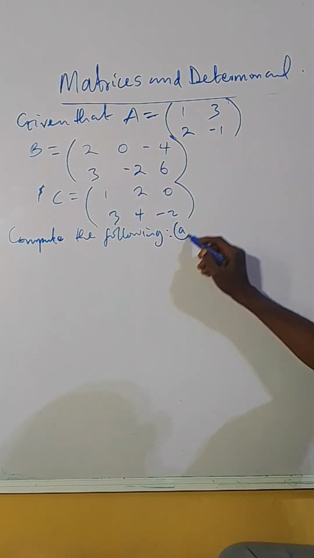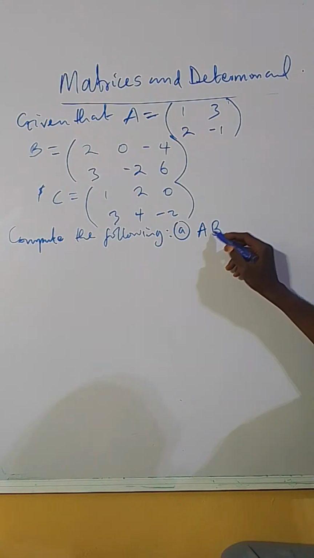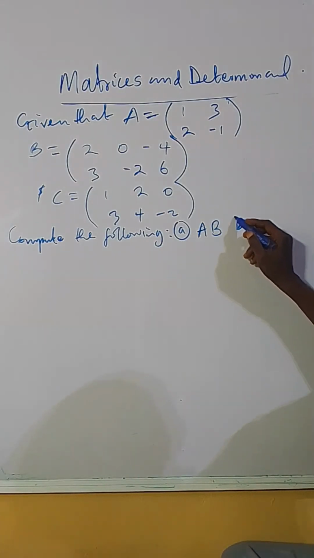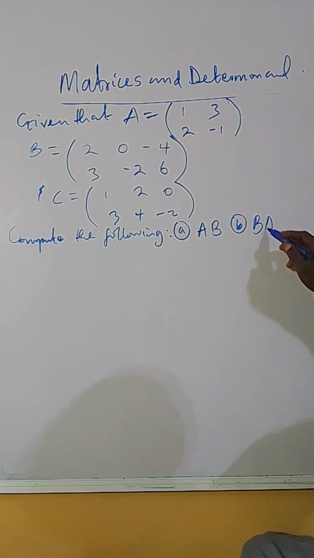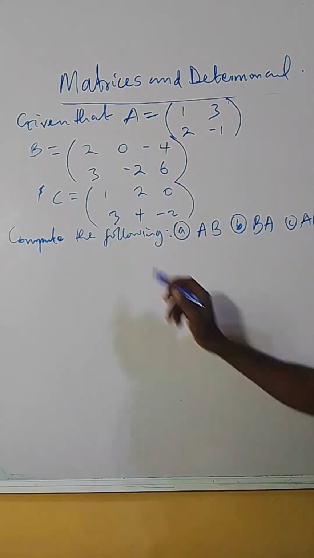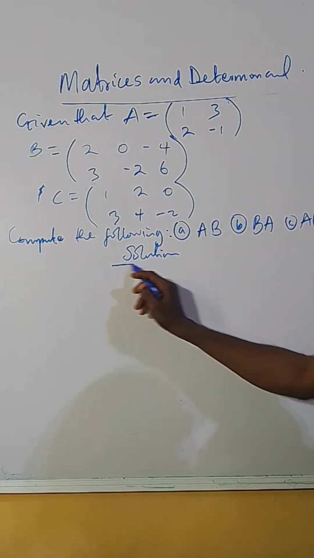We have the first one, A times B. The second one, B times A. The third one, A times B plus C. Now, let's look at the solution of these one after the other.